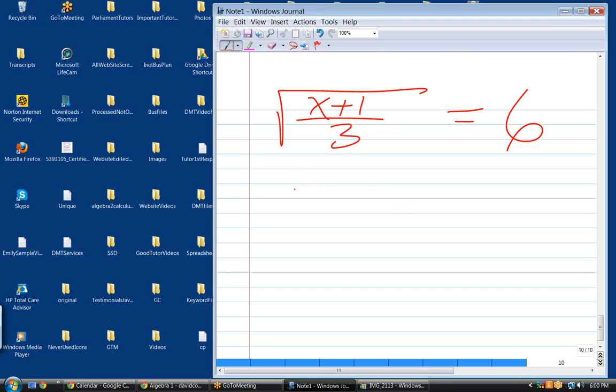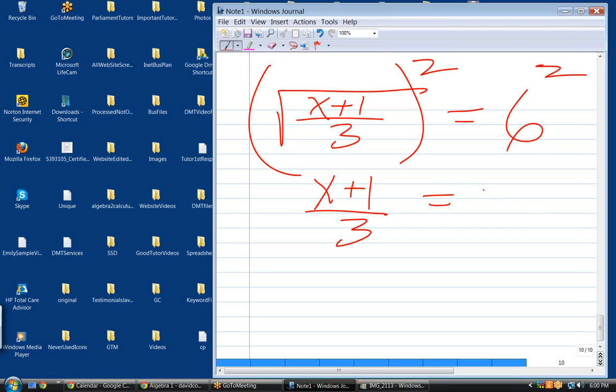What's the next line? (x plus 1) over 3 equals 36. All I'm doing when I square it is getting rid of the radical sign. That's all I'm doing. What's the next step?